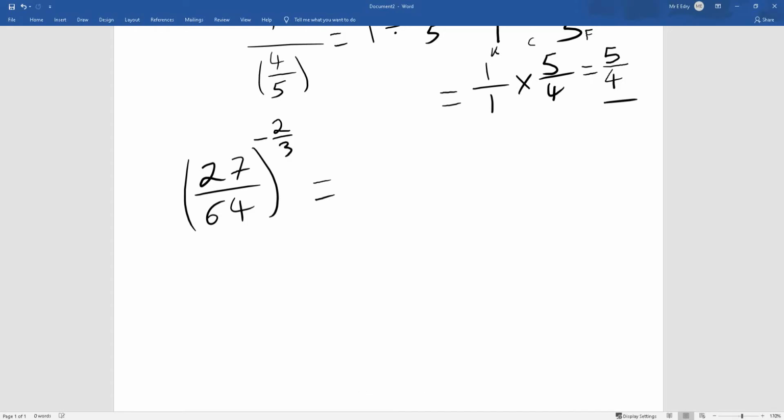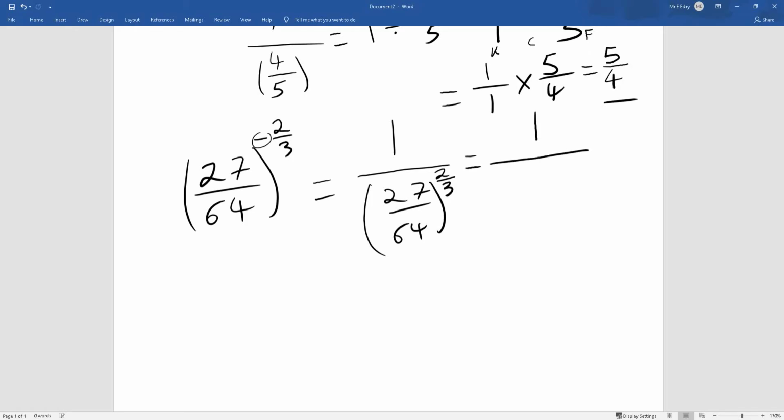So to work this out, I'm going to have 1 over, because of the minus, 27 over 64 to the power of 2/3. Now, that's going to be 1 over the cube root of 27 over 64, all squared.